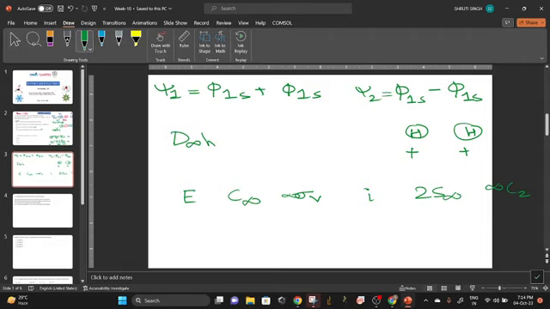Okay, so when you operate E on this system, it will give you 2, because on operating identity nothing will change, so plus remains plus and this plus also remains plus.